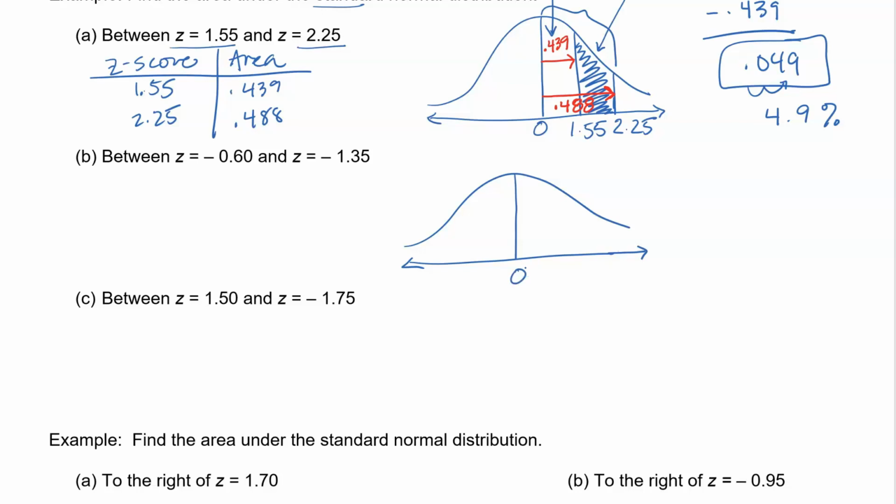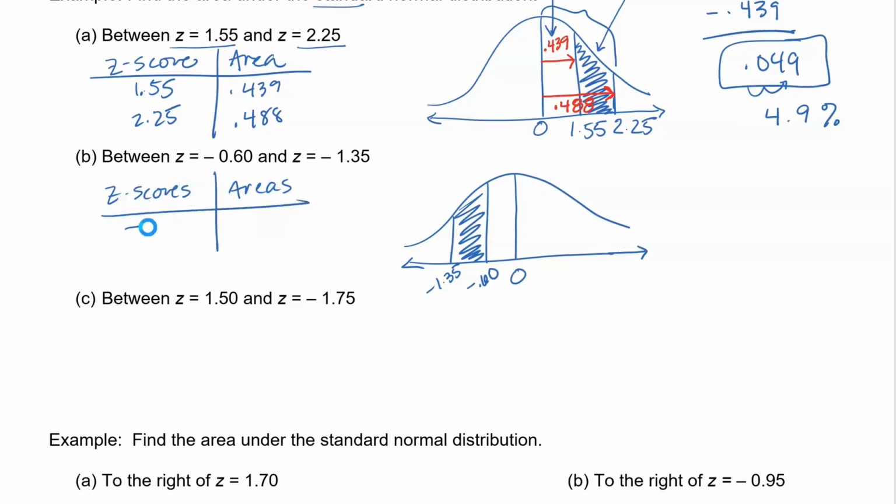So I'm going to put 0 in the middle, negative 0.6. Okay, so it's negative, so I'm going to the left of 0, because negative numbers go to the left, and then negative 1.35 is even more left, and again, these are not to scale. I'm just giving myself lots of room to write, and I want the area between those two values. Okay, I am going to look up the z-scores on the table and write down the areas for those.